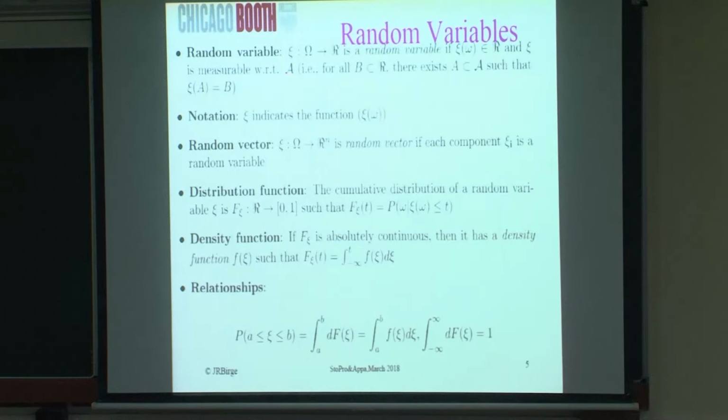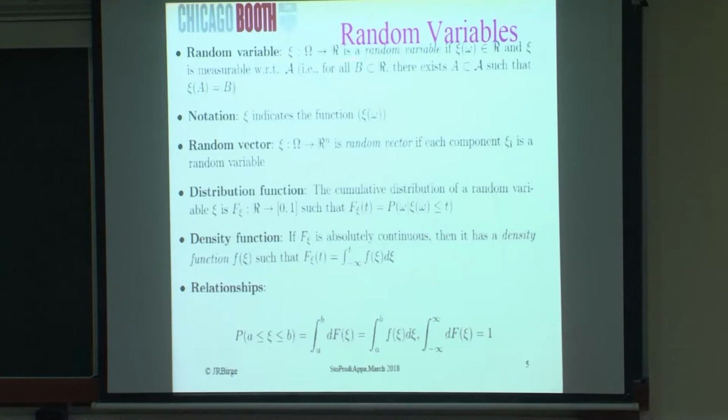And that's the way to think about what that probability is. So the random variable is always acting on the outcomes and then giving you something that's represented here in the real numbers.